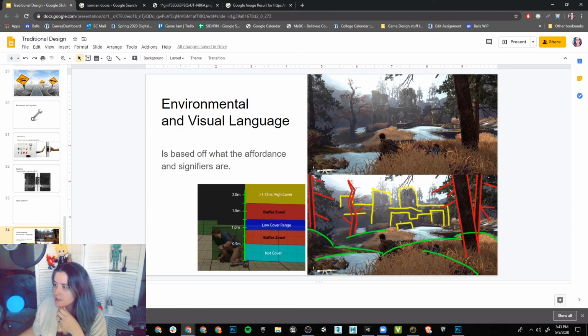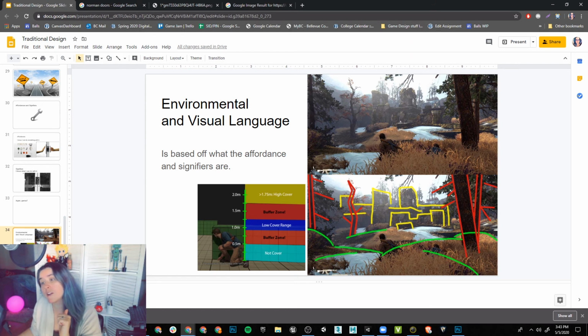And in this case, using soft rounded shapes to signify safety, flattened, more angular shapes to signify utility, meaning you can use these objects, likely climb them, and using sharper, pointed shapes to point towards danger, right? I love this example because it tells us so much about how much work went into creating that sense of, I know exactly what to do for our players.